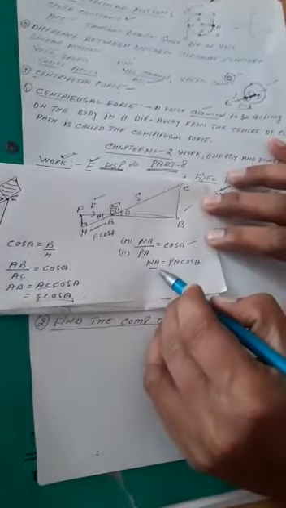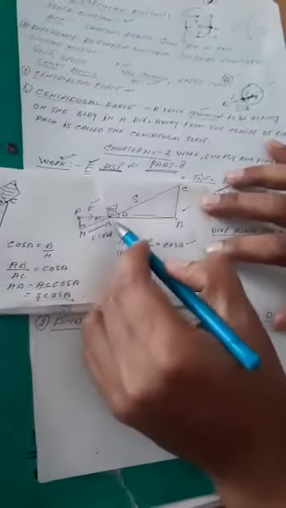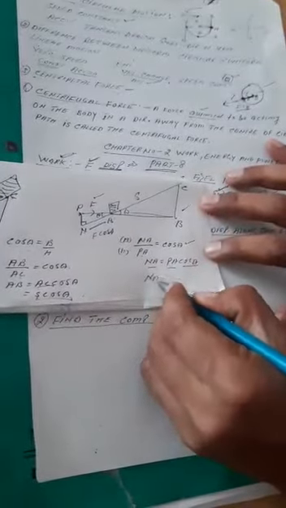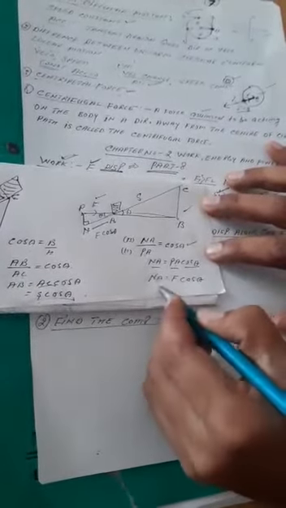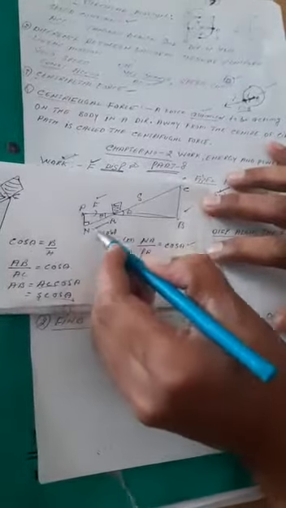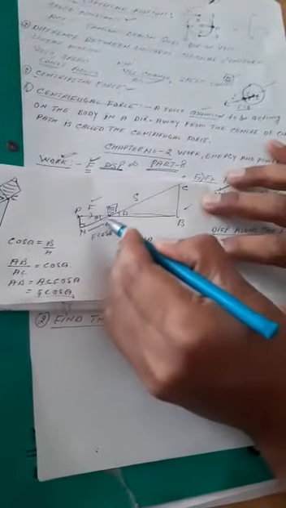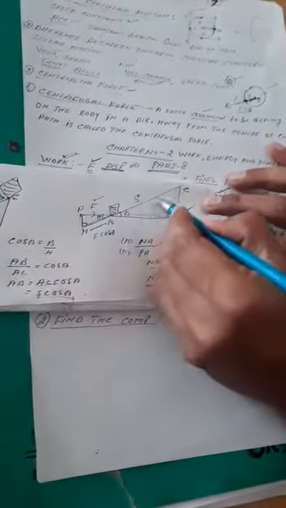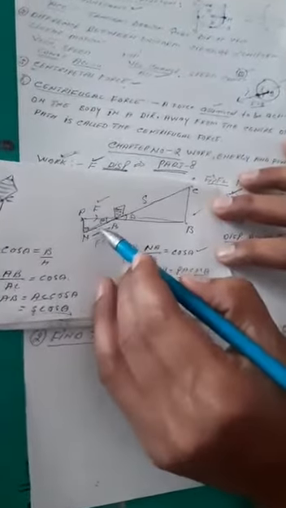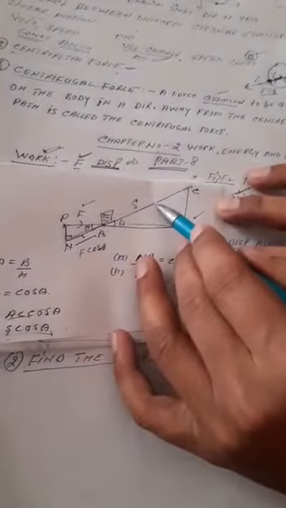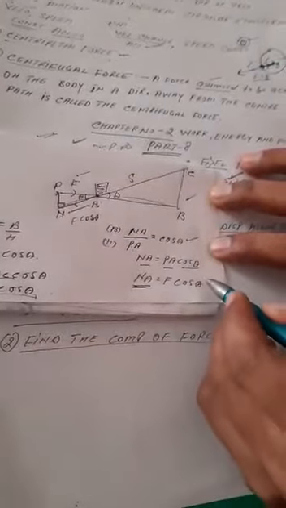Therefore, NA is equal to PA cos theta. Now, PA is F. So, NA is equal to F cos theta. This is the component of force in the direction of displacement. So, I have determined the component of the force in the direction of displacement, and that is equal to F cos theta.